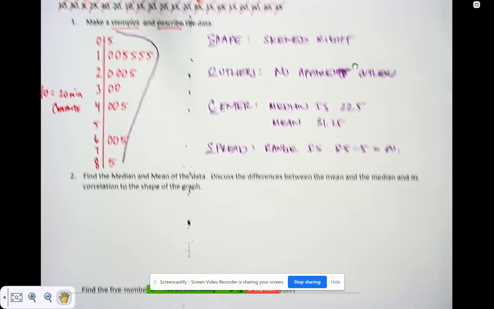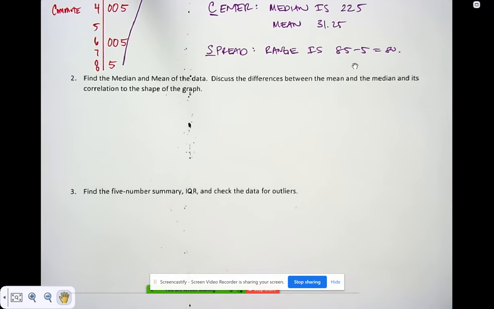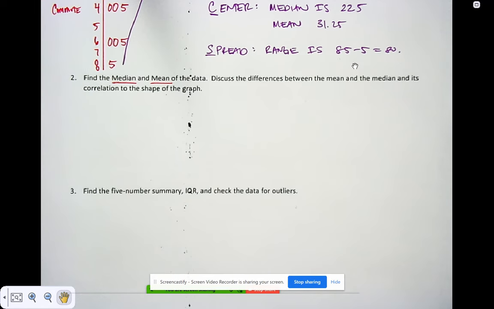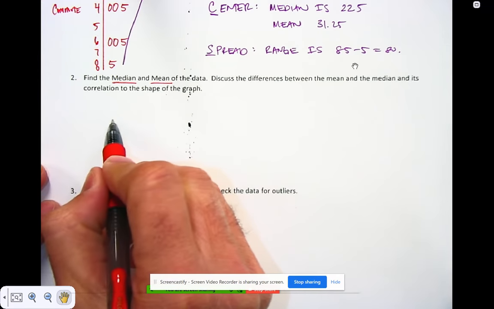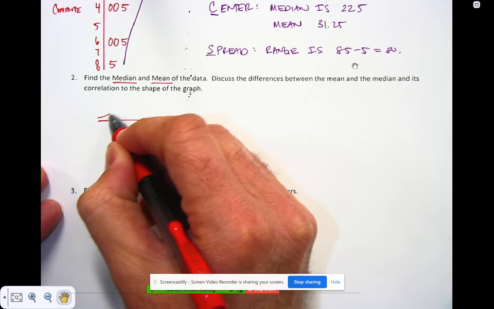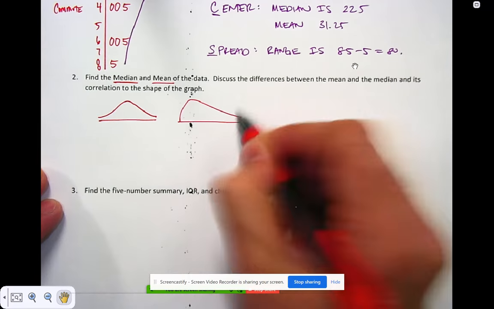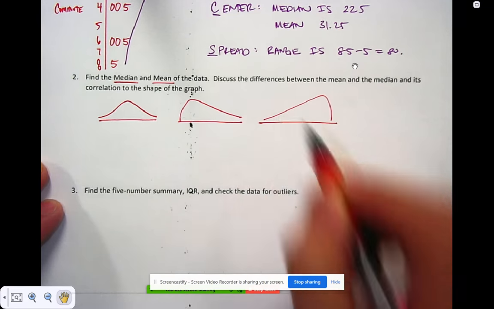If you start the lesson from Tuesday after we're done here, it'll go really quick. It's super easy. It focuses on the median and the mean, and there's just some basic stuff that happens here. Let's draw three main graphs: symmetric data, skewed right, and skewed left.